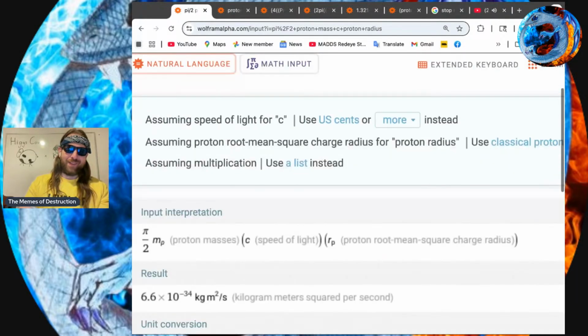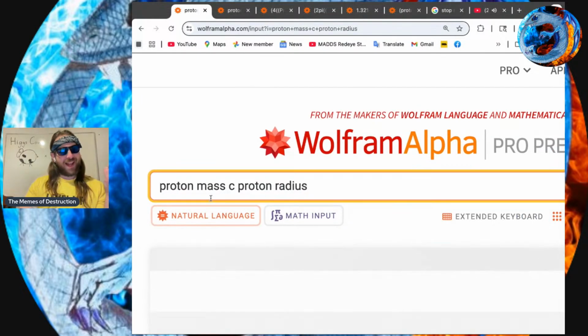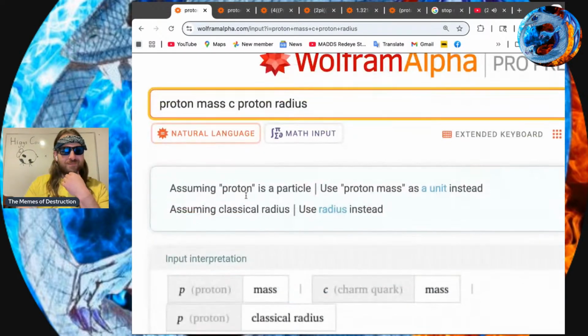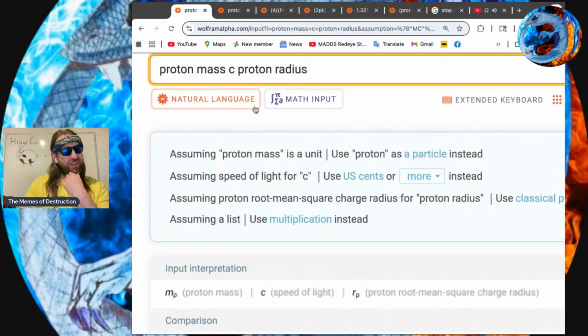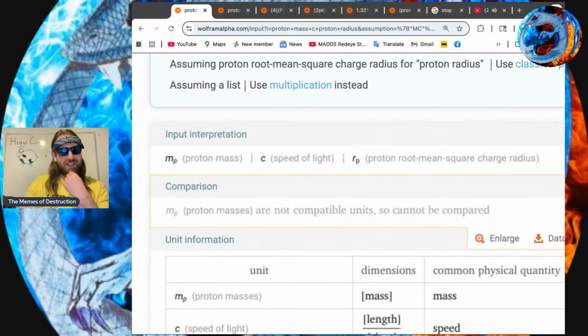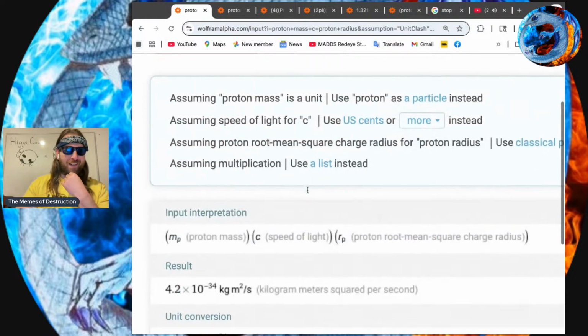So all I did was, well, let's do this. Lop off that and see what we got. Okay, well, we want the proton mass as units here. All right, speed of light, root mean square radius. Hold on, multiplication, because I'm comparing a bunch of random things, apparently.